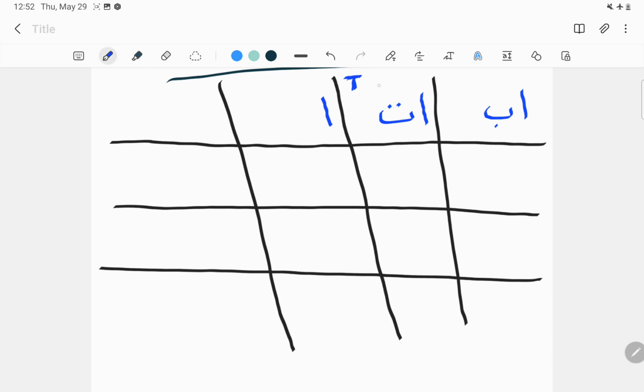Like in English when you say at. You can say at in Arabic. We'll show you the difference in pronunciation, whether you pronounce it as 1 or 2 letters, or do you make it short vowel or long. We'll come to that. Ab, at.